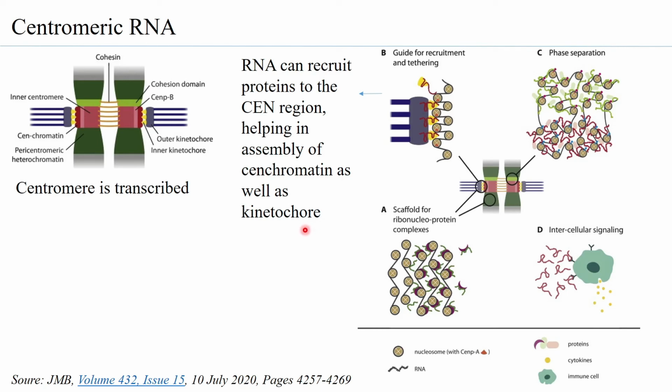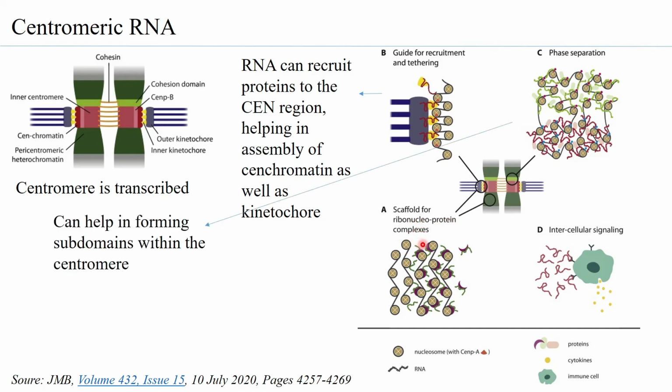In fact, what has been understood is that they form scaffolds for more proteins to come and bind, and when they bind to proteins, they form ribonucleoprotein complexes. These ribonucleoprotein complexes help in maintaining the structure of the centromere.